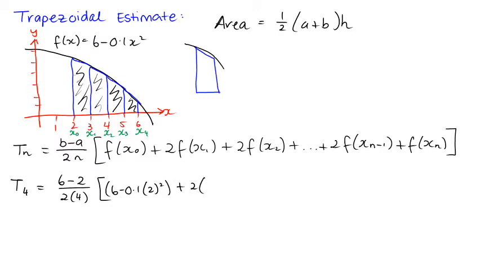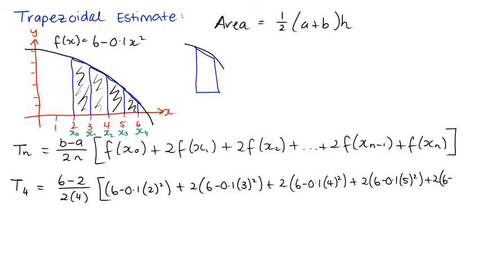The next one you multiply by 2. So we're going to sub in 3. We're going to sub in 4. Sub in 5. And then multiply the last one by 2. Squish it in. 6. Got it.